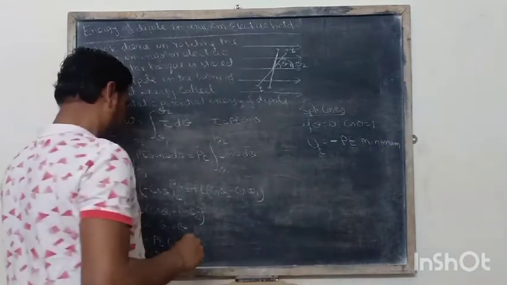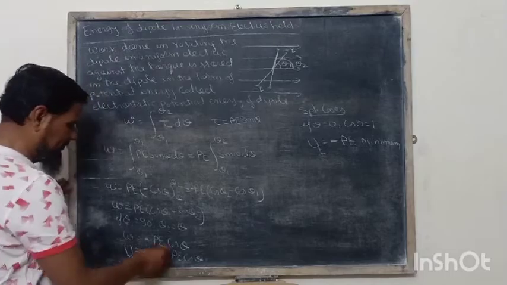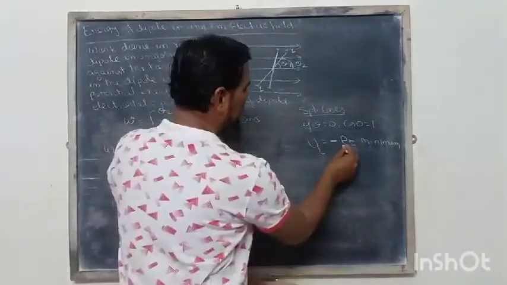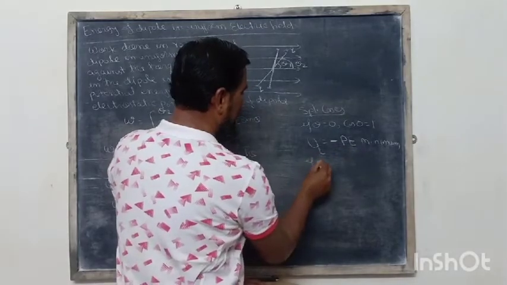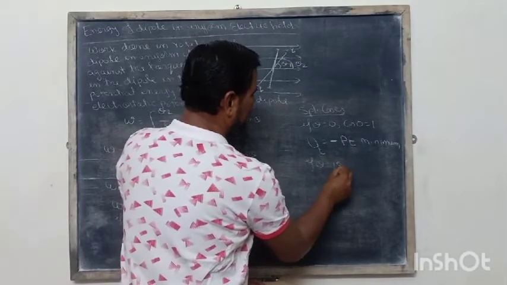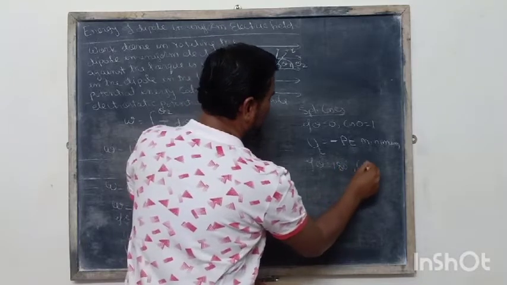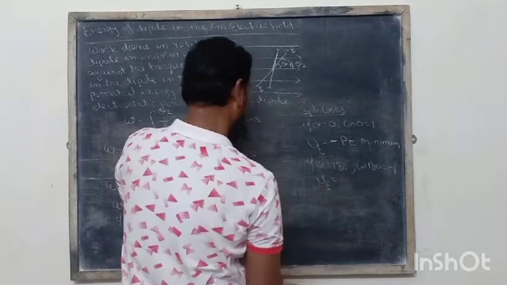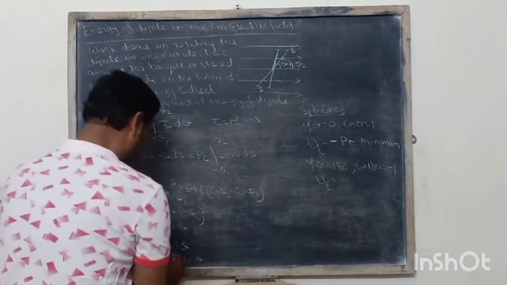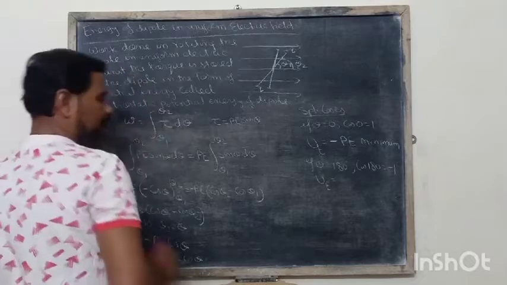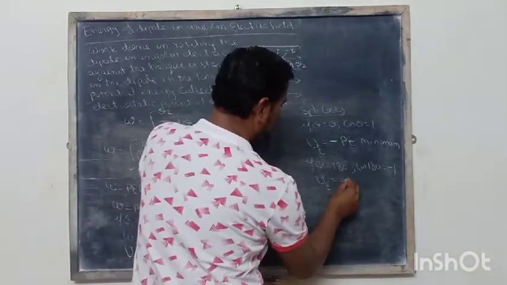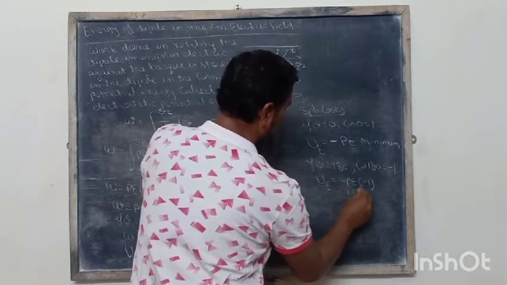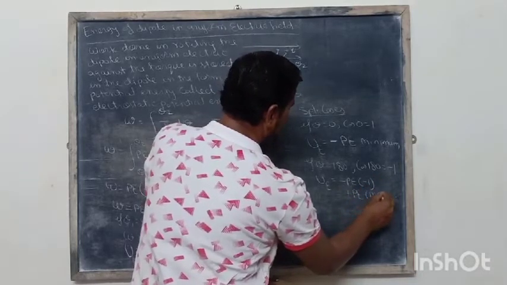If theta is equal to 180, then cos 180 is equal to minus 1, and U is equal to minus PE times minus 1, so plus PE. So potential energy will be maximum.